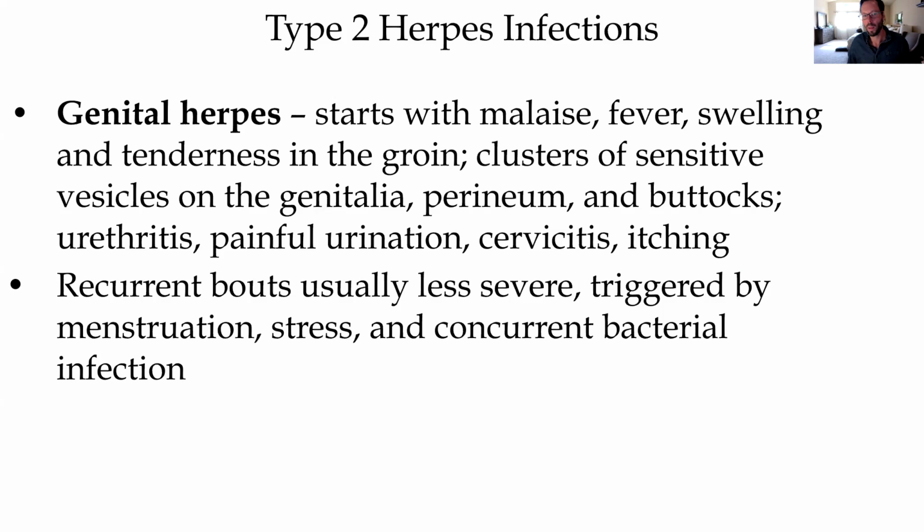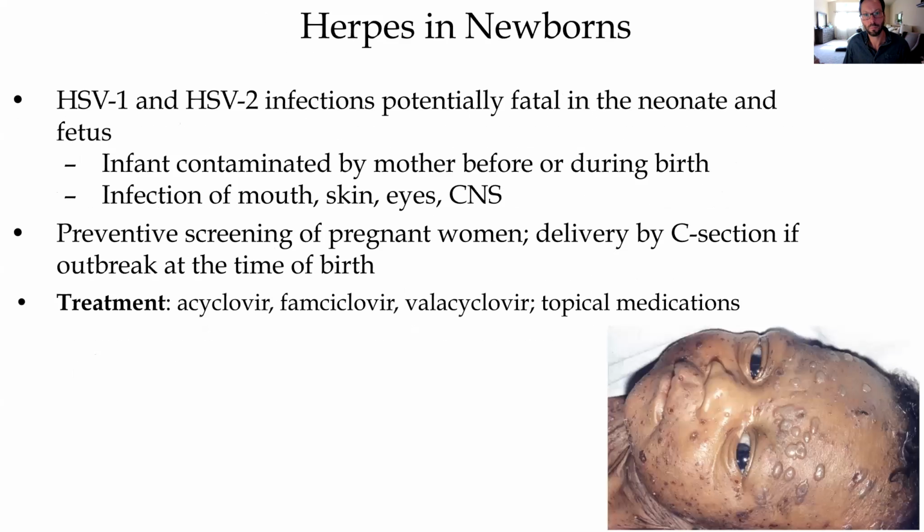And over time, it can be triggered by things in females, by menstruation, or things like stress, or if you're infected with another type of microbe, like a bacterial infection, which is weakening your immune system, allowing that herpes virus to now again flourish. But usually subsequent outbreaks aren't as bad as the initial one.